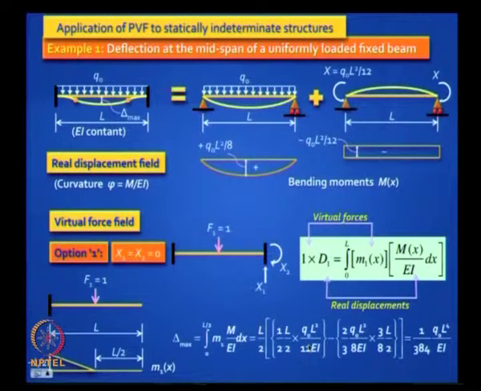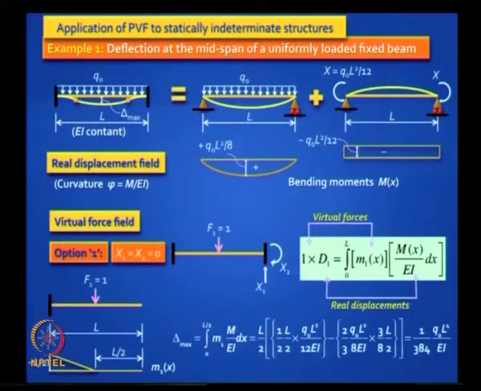Now we need to multiply this parabolic area. What is the area? 2/3 of q naught L square by 8 into L and into L by 2. So L by 2 is outside here, and its ordinate will be located at a distance of how much?